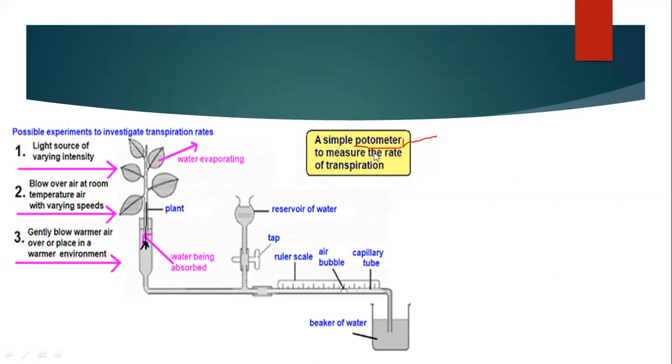Otherwise, the common one in this potometer is the air bubble, and the movement of this air bubble means that, of course, the plant here will absorb water, and this bubble will move in this direction. After 5 minutes or 10 minutes accordingly, this movement in centimeters will be divided by the time, 10 or 5 minutes, and then you can calculate the rate of transpiration.